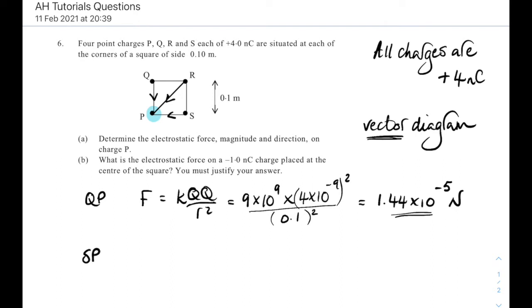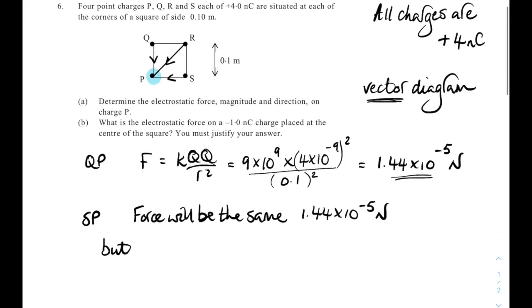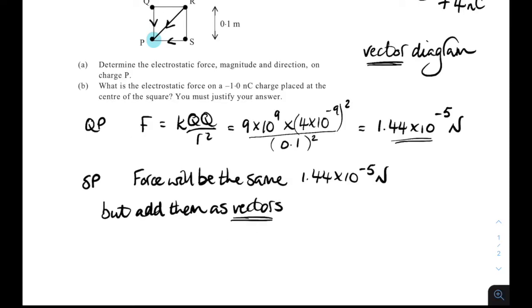Now, do we need to do the same for the charge at point S? No, we don't, because it's the same charge at the same distance. So it will also be 1.44 times 10 to the minus 5 newtons, but we can't just add them. We have to add them as vectors because they're acting at right angles to each other.